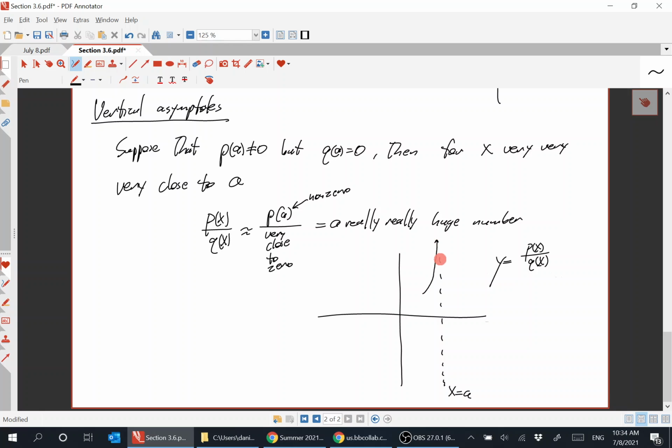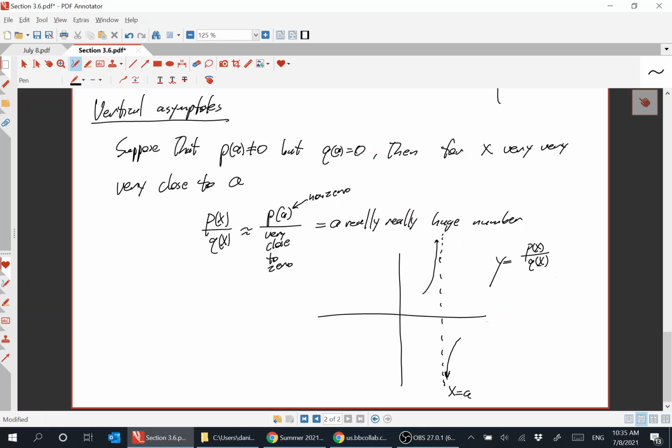It shoots out towards infinity, either positive infinity or negative infinity, depending on whether it's positive or negative. And we'll talk about that in a moment. Right? So when the numerator is non-zero at a and the denominator is 0 at a, then you have this vertical asymptote.